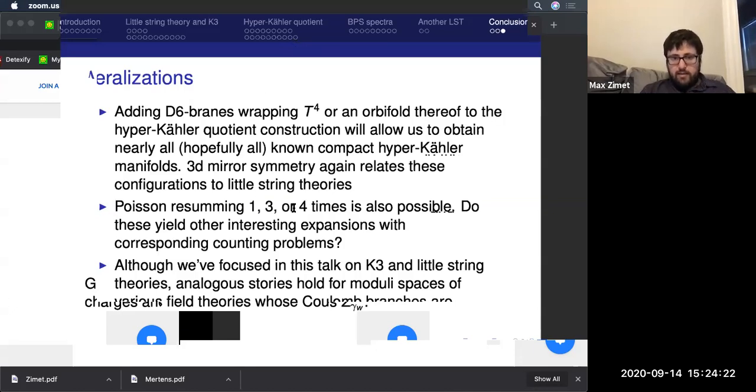So it seems likely that those will yield further interesting expansions with corresponding counting problems. And although we focused on K3 and little string theories, analogous stories hold for ALG, ALH, and ALF manifolds. These are certain monopole or Higgs bundle moduli spaces, for example. So, okay, let me stop there.